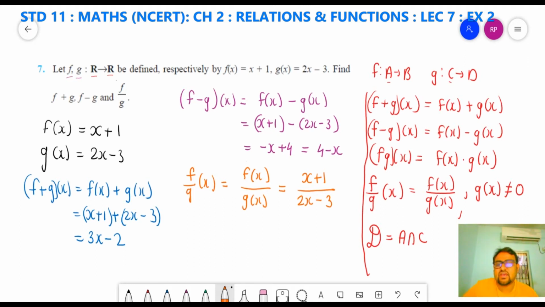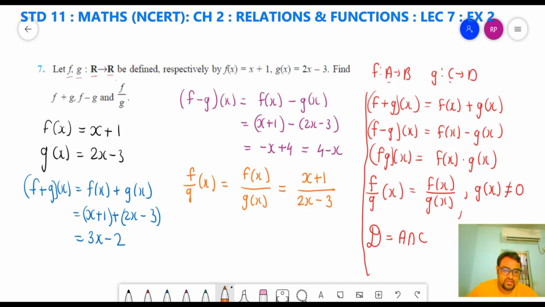This is (f by g)(x). So this is question number 7. In addition, we just had to do f(x) plus g(x), in subtraction f(x) minus g(x), and in division f(x) upon g(x). And remember, in this we cannot take the value of x as 3 by 2.